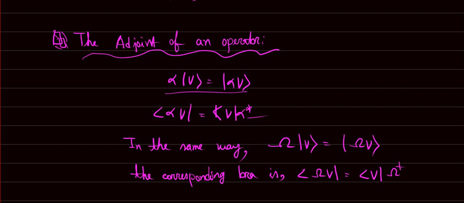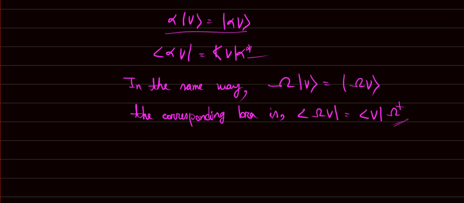Here we take the complex conjugate, and here we are taking the adjoint of omega, which is the definition of the adjoint of an operator.